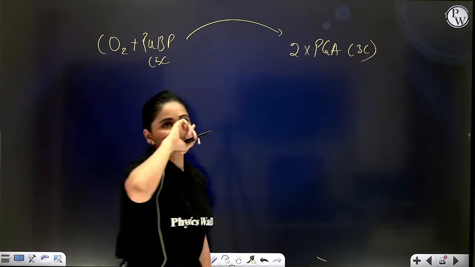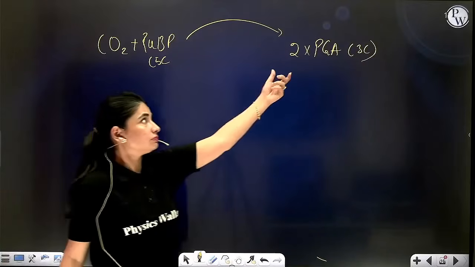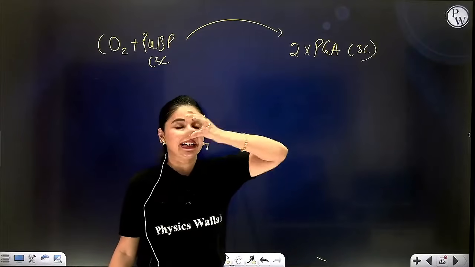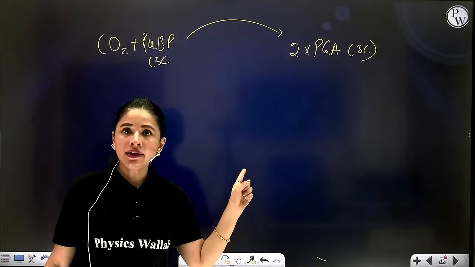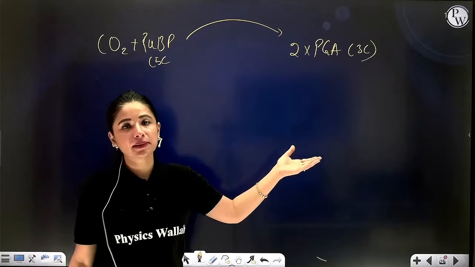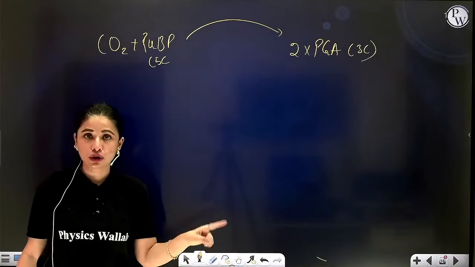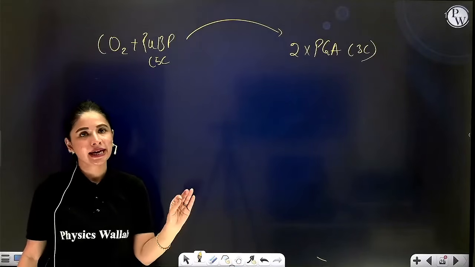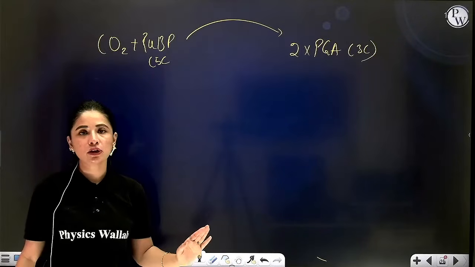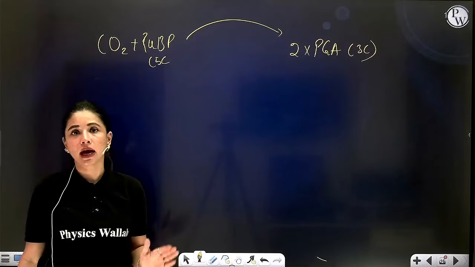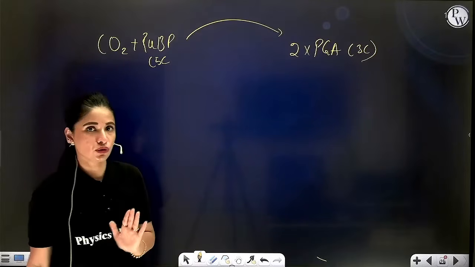Since the first stable product is a 3-carbon compound, this cycle is also known as the C3 cycle. And the C3 cycle operates in all photosynthetic plants for producing glucose.